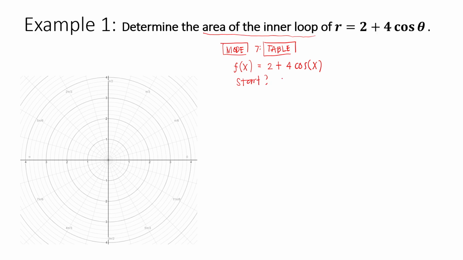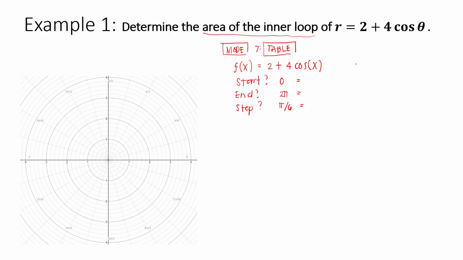So you're going to put 0, then equal sign. Then the end value is 2 pi, equal sign. And then the step, so let's say pi over 6 or 30 degrees, then equal sign.